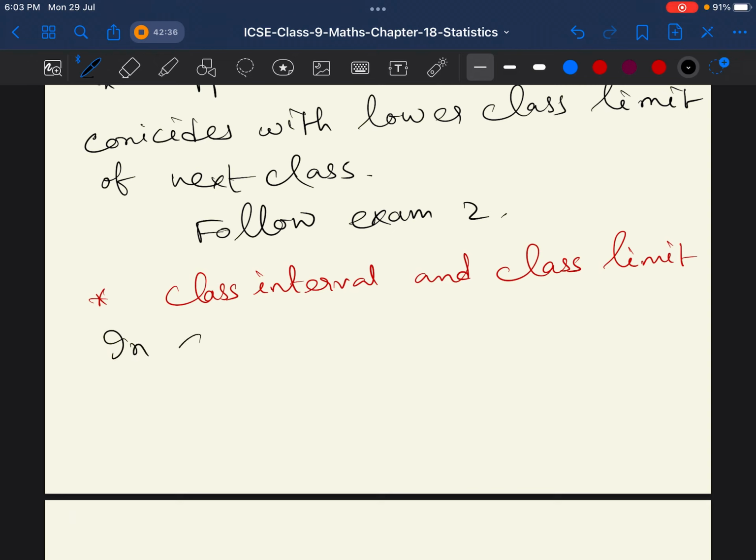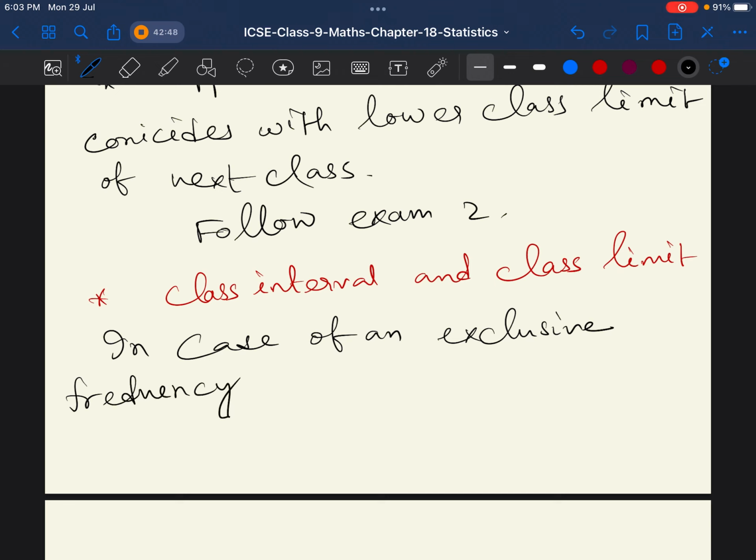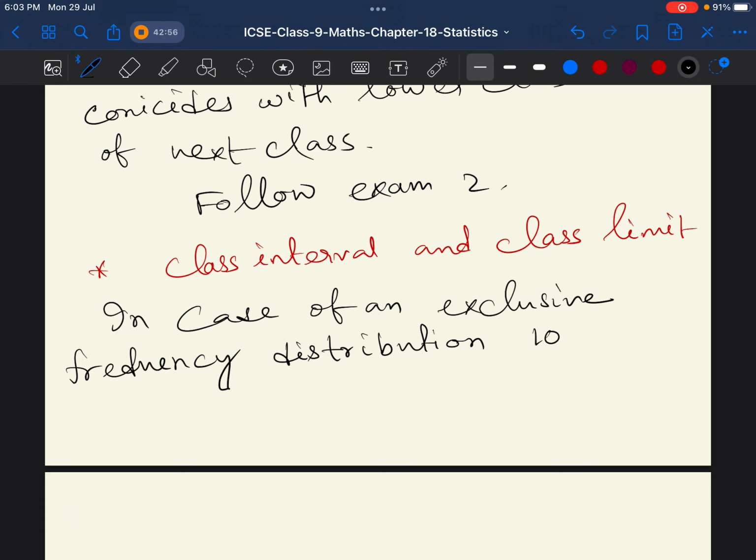In case of an exclusive frequency distribution, (10 to 20), in example 2 you see, 10 to 20 is called class interval.